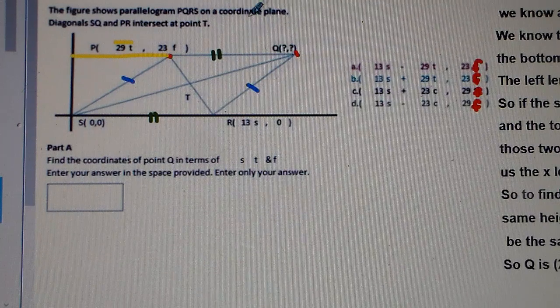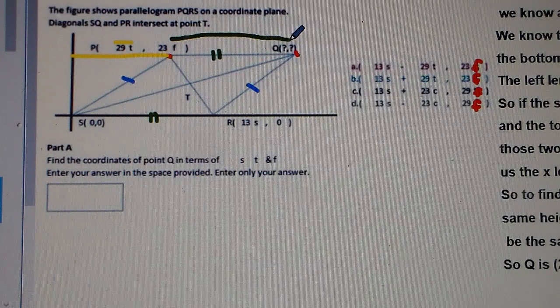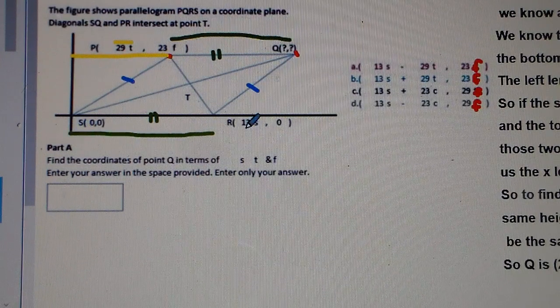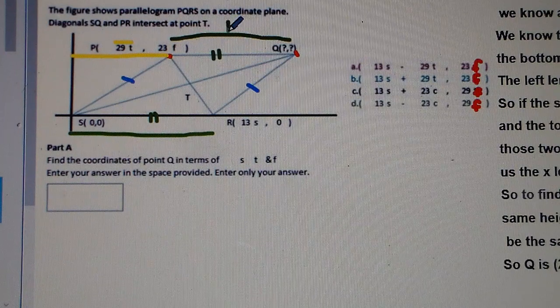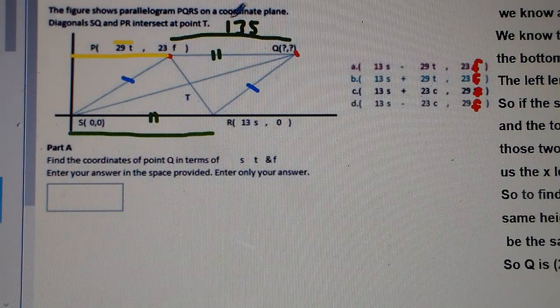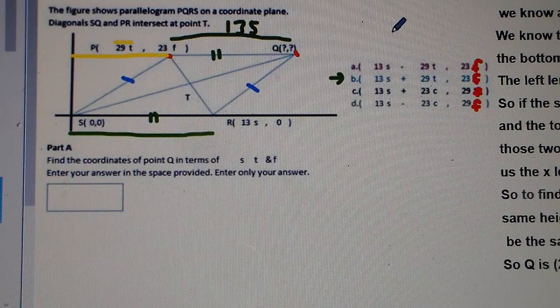And the distance from here to here is the same length as down below, so that down below is R, which is 13s. So 29t plus 13s, that's going to be B in our multiple choice.